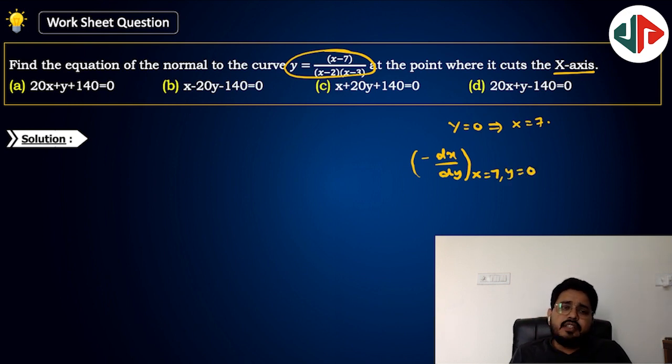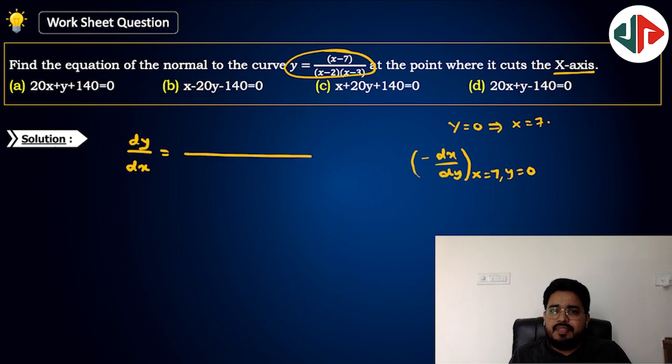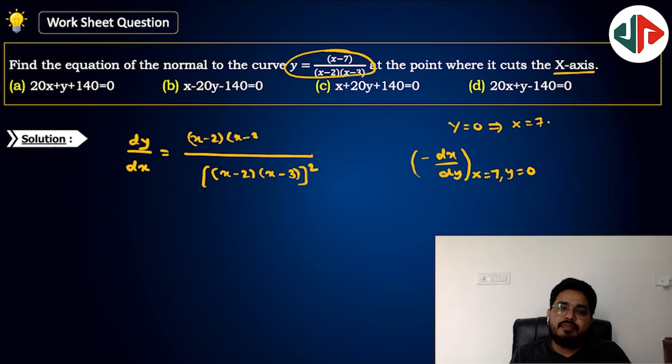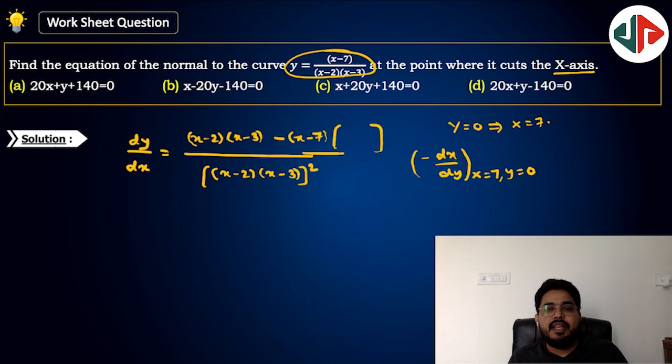So look at here, I can go for dy by dx by doing this value: denominator x minus 2 into x minus 3 whole square, and derivative of x minus 7 is 1. So this value will be x minus 2 into x minus 3 minus x minus 7 into derivative of the denominator, so x minus 2 into x minus 3.